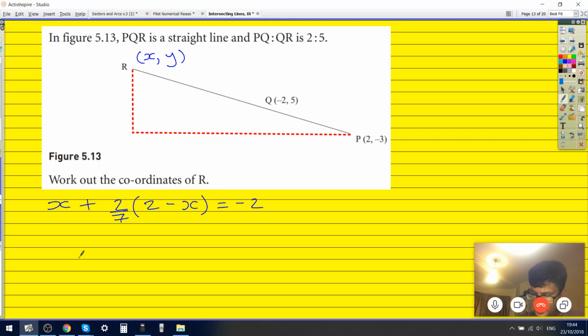So that is x plus 4/7 minus 2x over 7. So x minus 2x over 7 is -18/7.